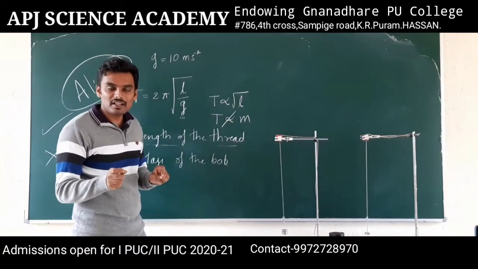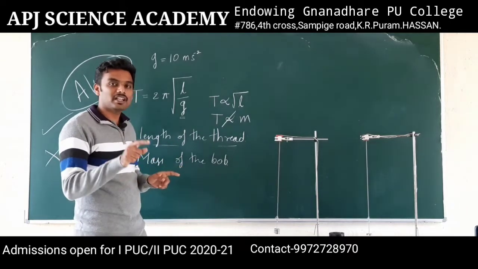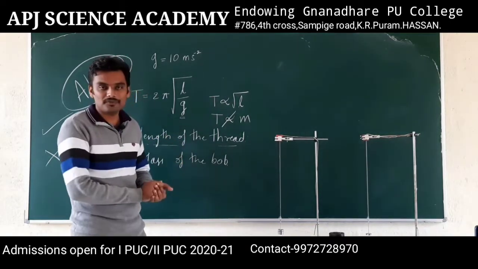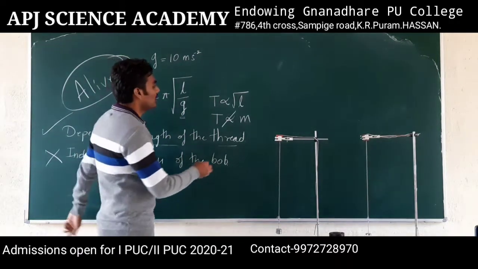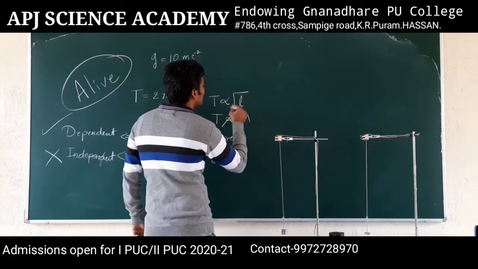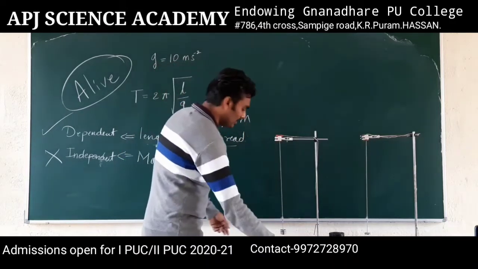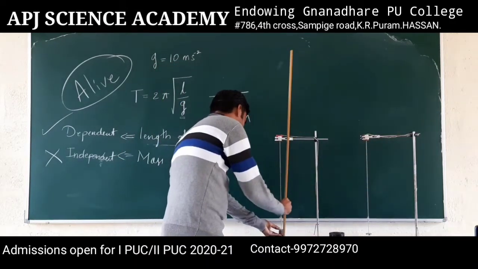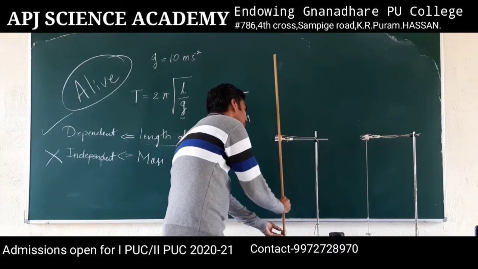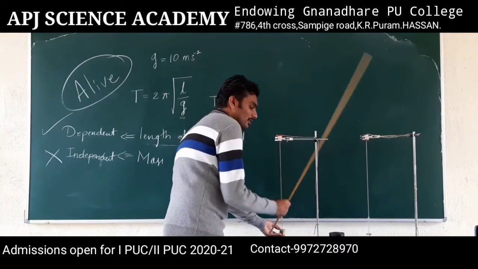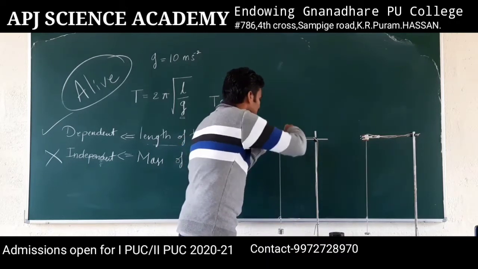For a particular length, we shall see whether the time taken agrees with the value or not. Okay, right. So let me take the length first of a certain value from here. So the length of the pendulum that I have now, reduce it a bit.